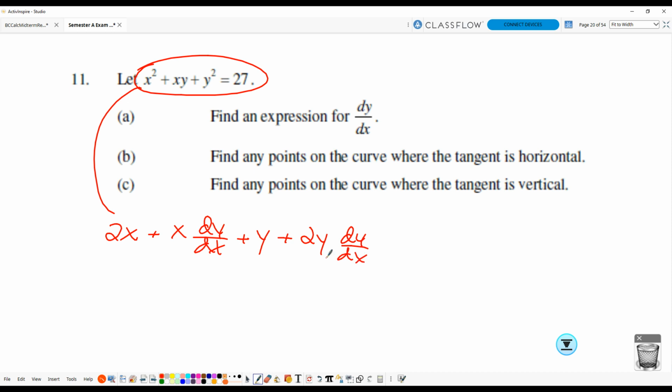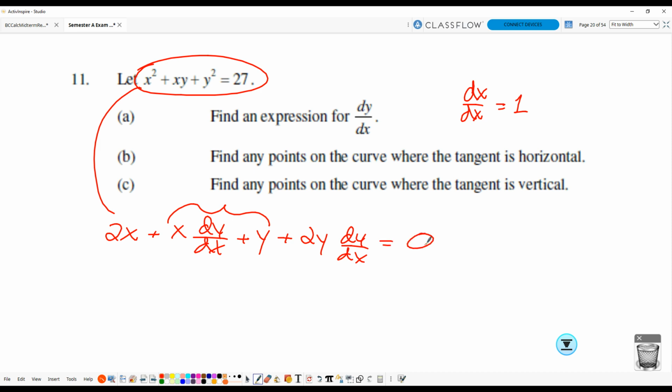We went through it right here. I could write dx/dx, but it is just one. It's going to cloud things up, so I'm not going to write it. And then, what's the derivative of the constant 27? 0.